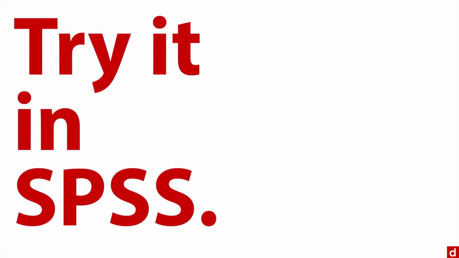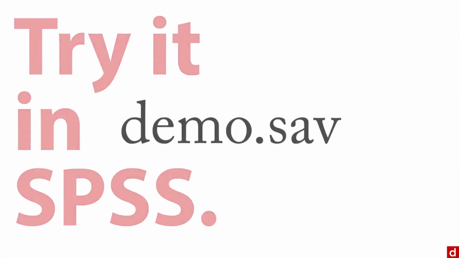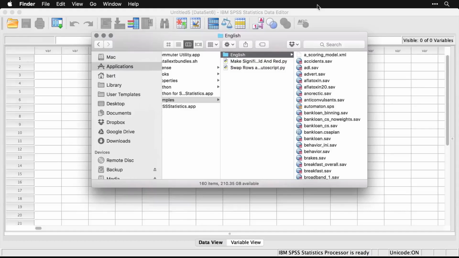Now, we can try it in SPSS by having you on your computer open up the window and opening up a file called demo.sav. But let me show you how it works. When you navigate to the folder with the SPSS sample files in it, again, it's several hidden layers down. These are the files that you'll find.